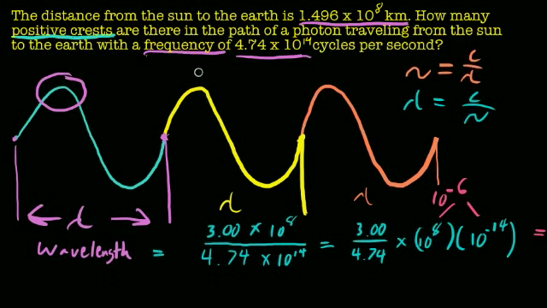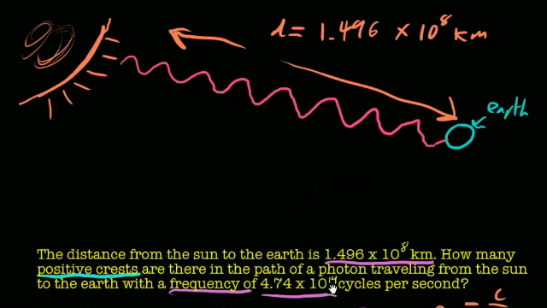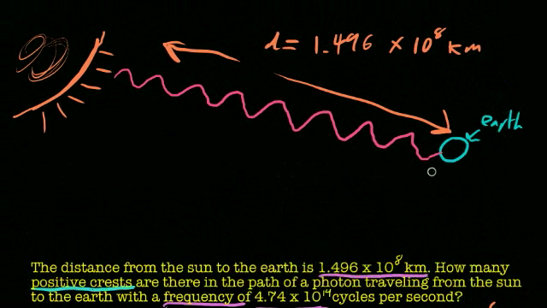So we have one positive crest for every single wavelength in this distance traveling from the sun to the Earth. For every wavelength through this entire distance, we are going to have one positive crest every time we complete one cycle of this waveform.